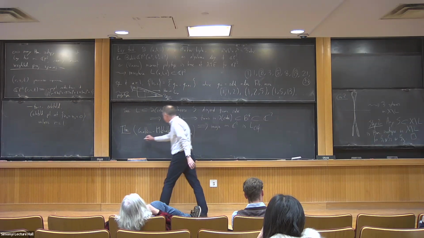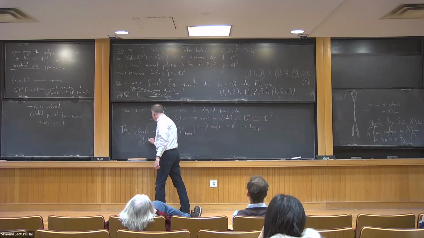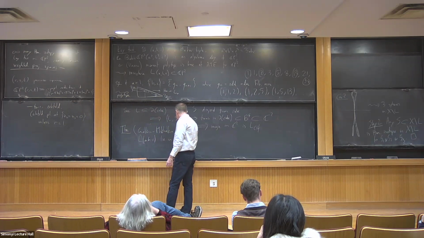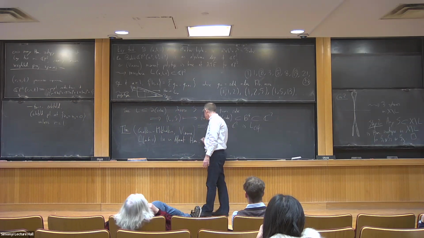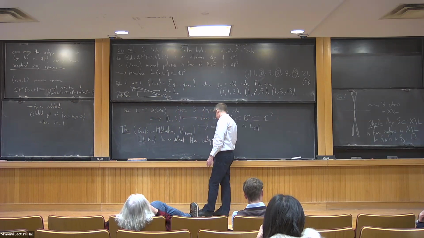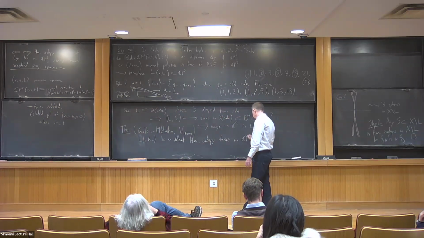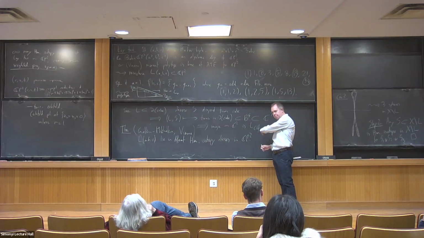So what they prove is that these tori L, A, B, C lie in different Hamiltonian isotopy classes in CP2. In other words, if you choose different Markov triples, you get different Lagrangian tori.